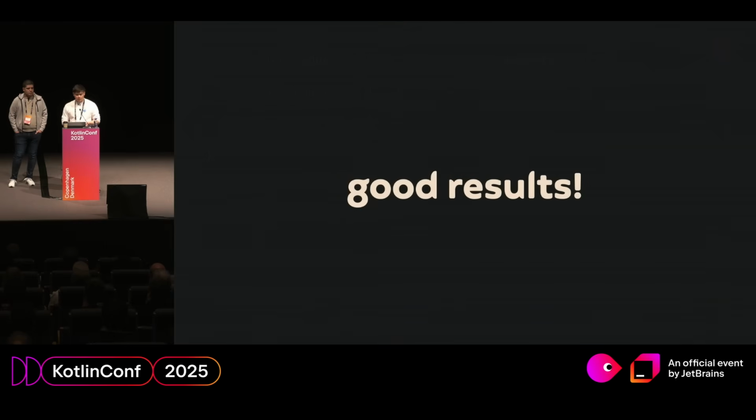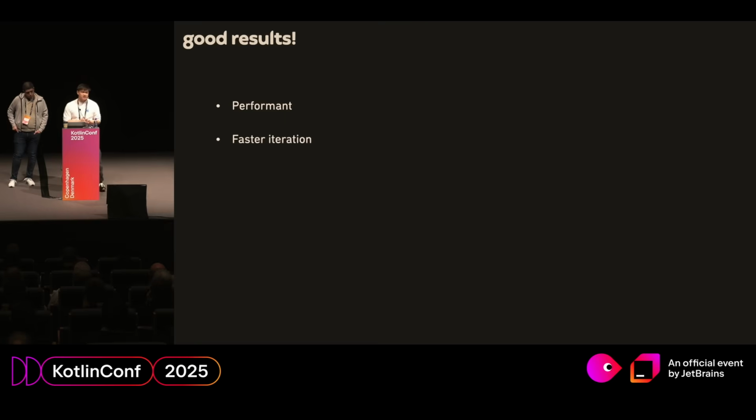But overall, we were very pleased with the results of our iOS Adventures experiment. One of our biggest worries going into this project was performance, and especially since we hadn't used KMP for something so animated before, we worried that it would come with performance issues.